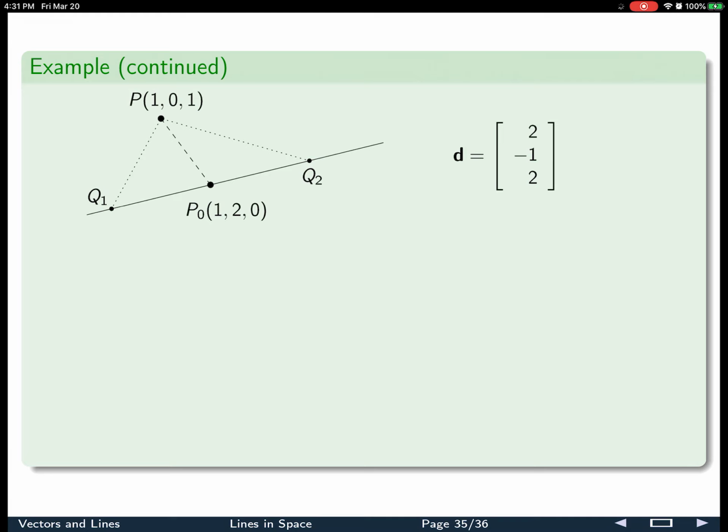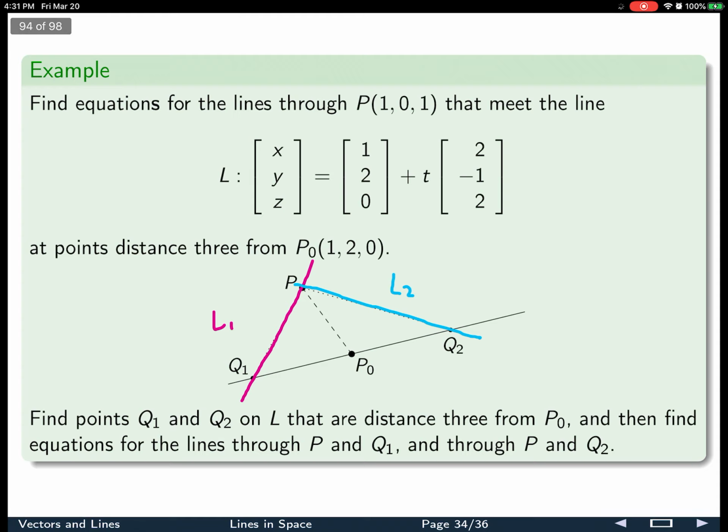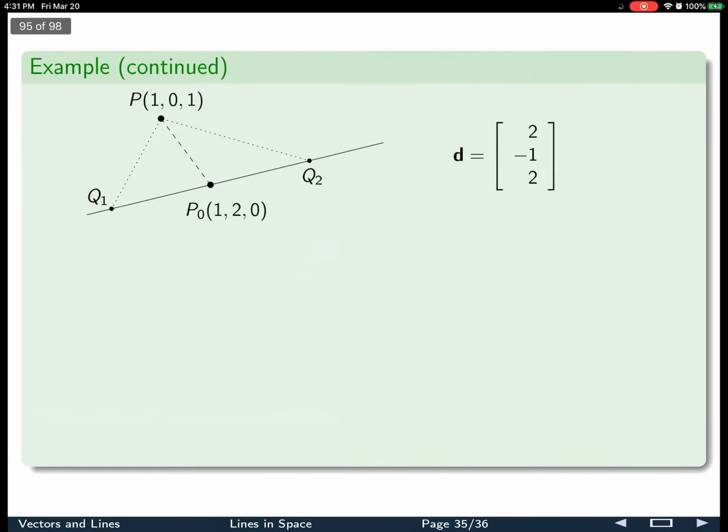So here we go. We're going to take a look at the direction vector from our original line L. And we'd like to know the length of this direction vector so that we can make sure that there are 3 units. We use this direction vector to create another point 3 units away from P0.